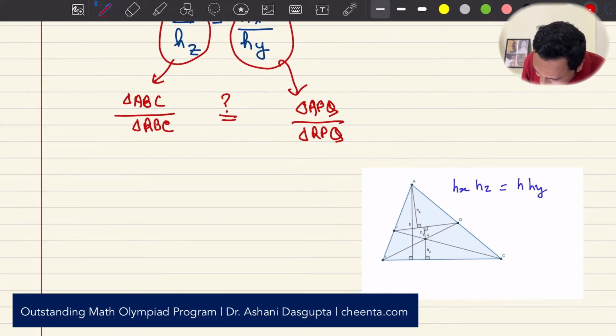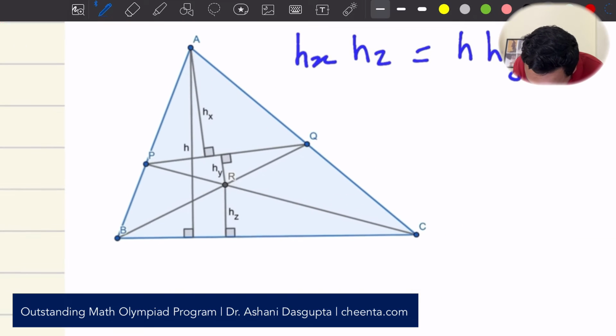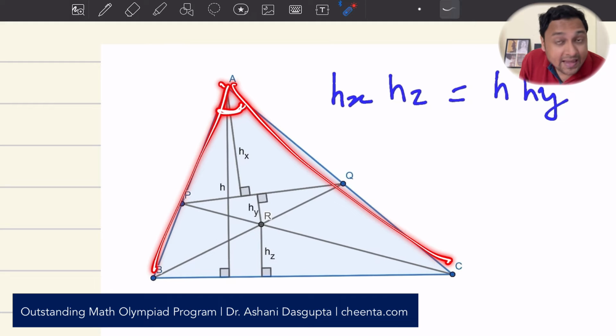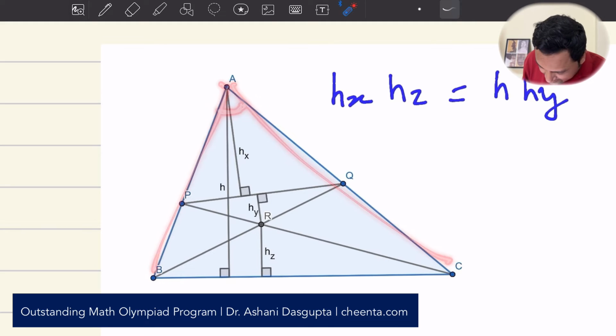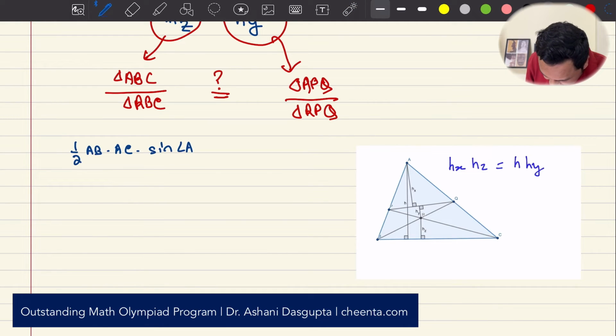So triangle ABC is half AB times AC times sine of angle A. That's the trigonometric form of the area formula. And RBC is half RB times RC times sine of angle R.